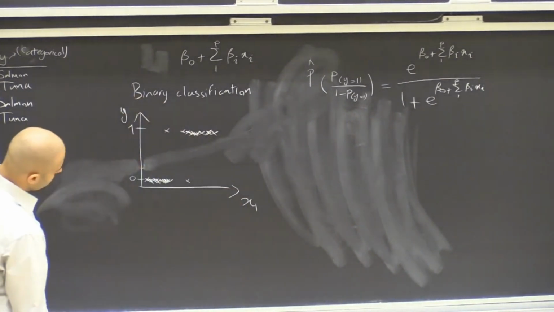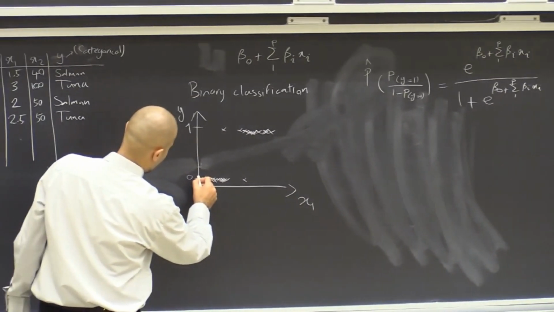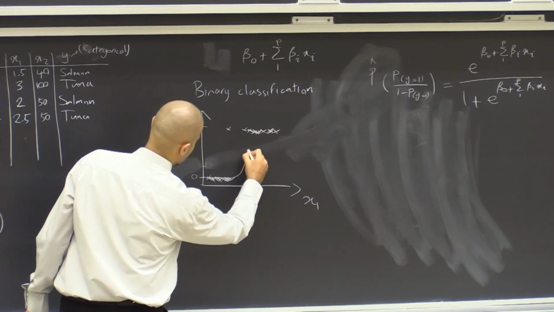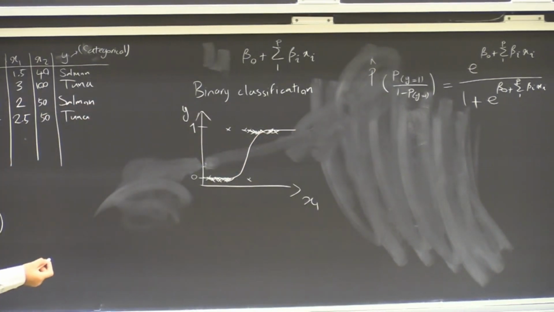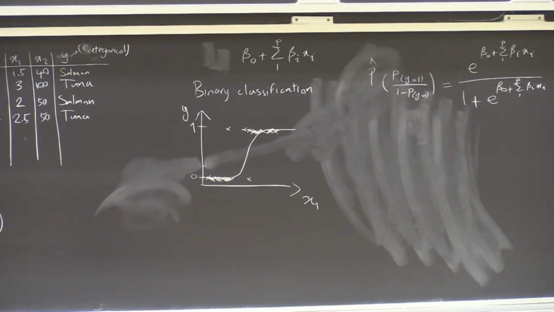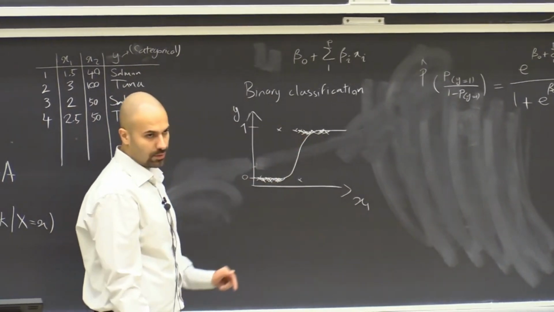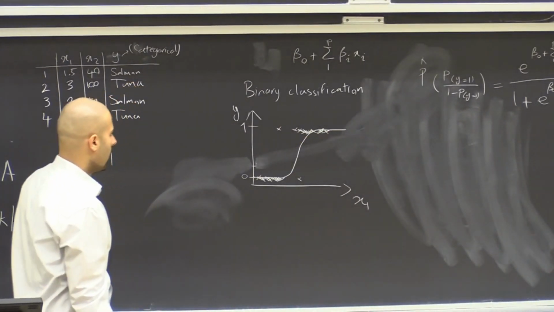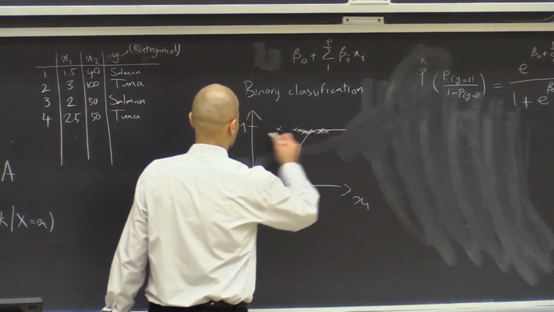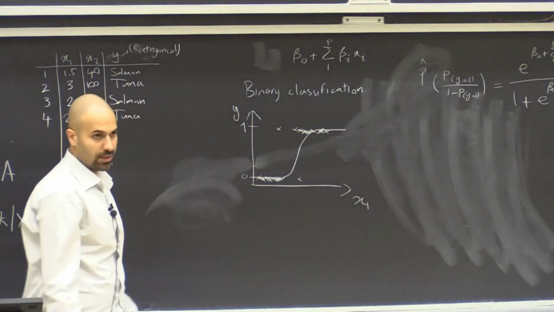And logistic regression is going to give us some curve like this, which does a great job for estimating this probability. Because as you can see, it's fitting these data points quite nicely, much better than the line we had. But also, it's not going to estimate any value larger than 1 or smaller than 0.